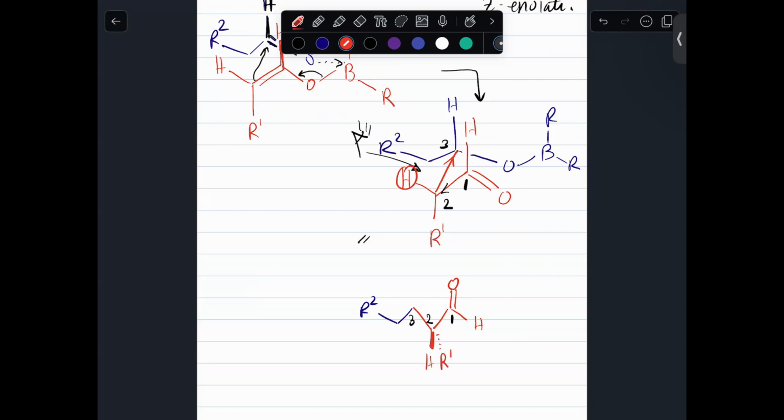I then look at carbon 3, and the hydrogen is on the same face as my hydrogen on carbon 2. You can see that my oxygen is facing away from me. I didn't protonate in this case because I'm trying to help you understand where my stereochemistry is going, which means that my hydrogen is wedged.